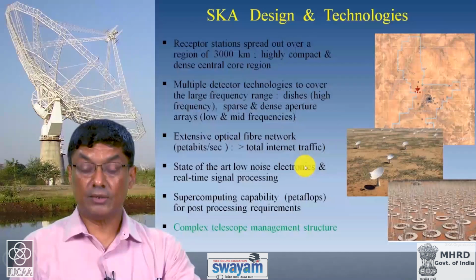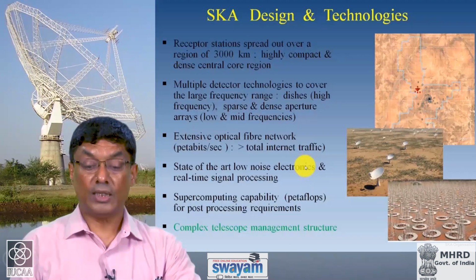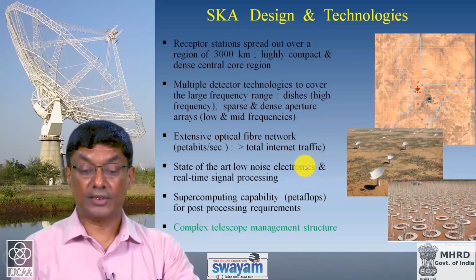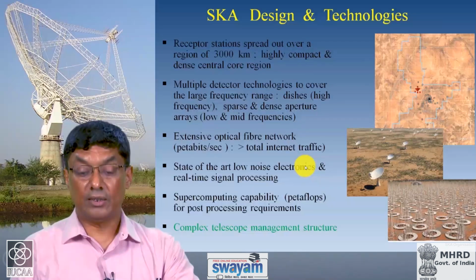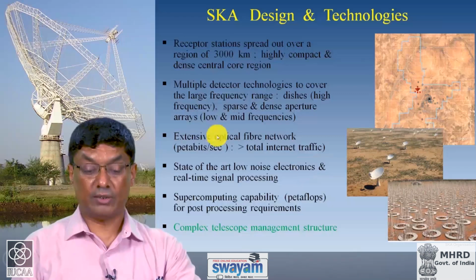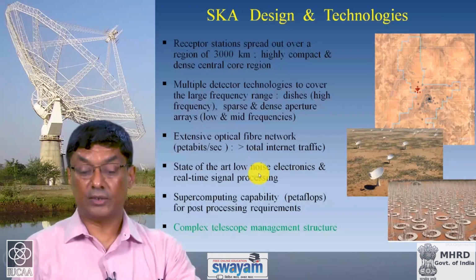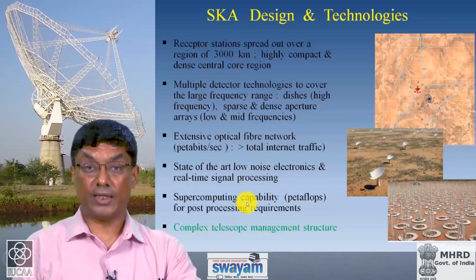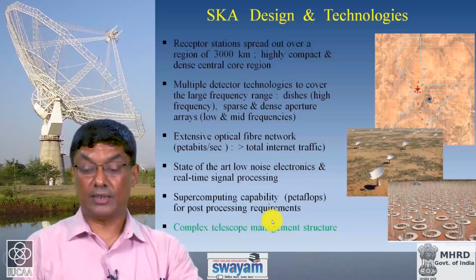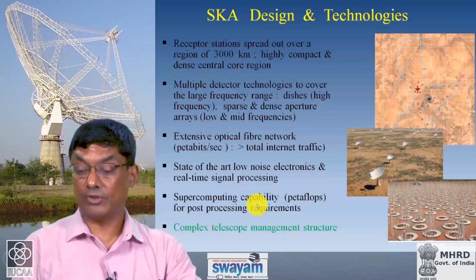And so, as you can imagine, a telescope of the kind of specifications that the SKA is designed for requires cutting edge technologies in various areas, whether it is the design of the receptors themselves, the design of the electronics, the optical fiber signal transport system, where the total network traffic will be larger than the total global internet traffic that we see today, and state of the art signal processing and supercomputing requirements for being able to analyze the data and make images, and a very complicated management structure to manage these far flung spread out antennas operating from 2 different continents.